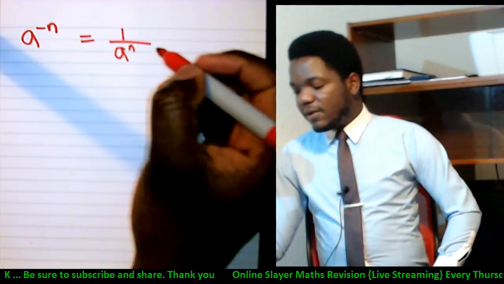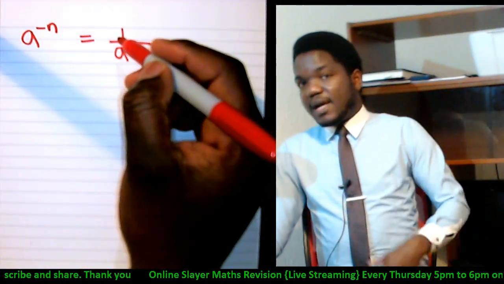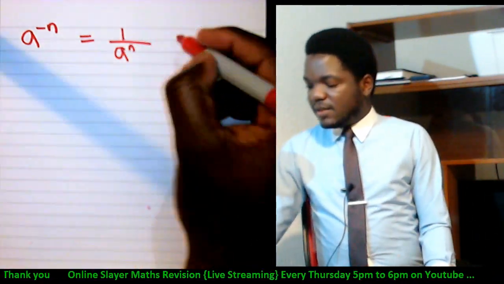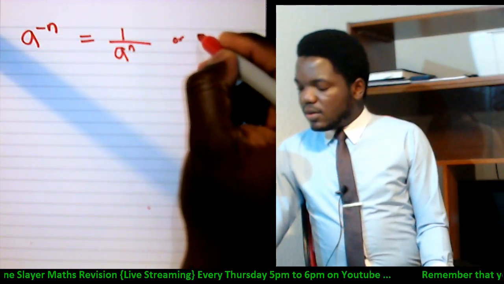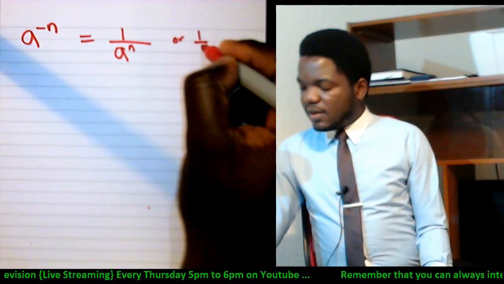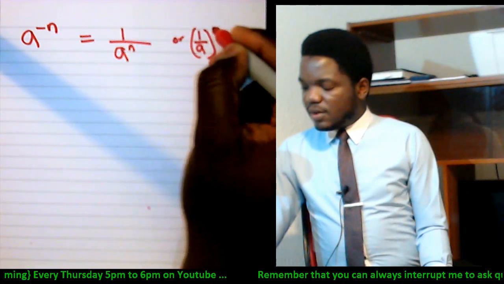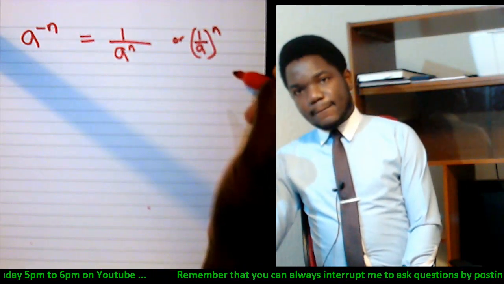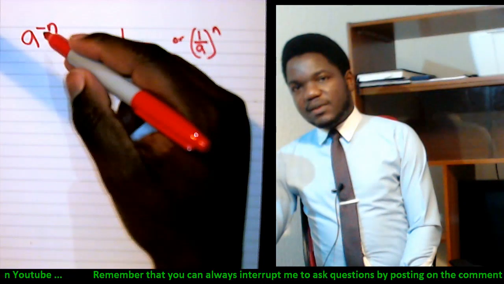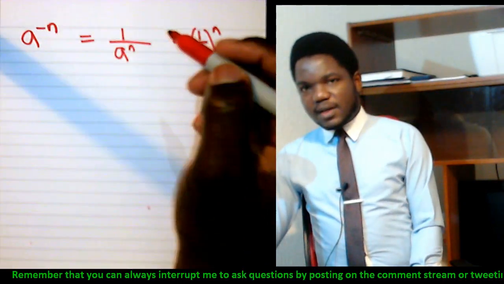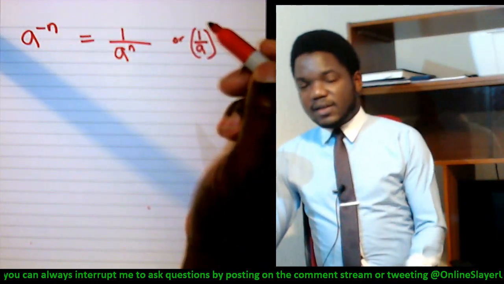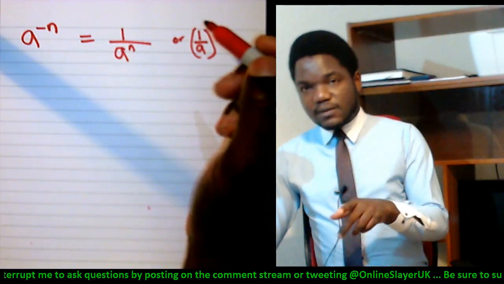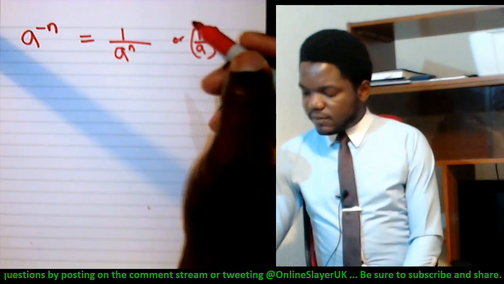Okay, and don't forget 1 is the same thing as 1 to the power anything, so you can as well say 1 over a to the power n. Okay, this negative simply says it's still a to the power n but 1 over it. Find the reciprocal, the inverse of that.